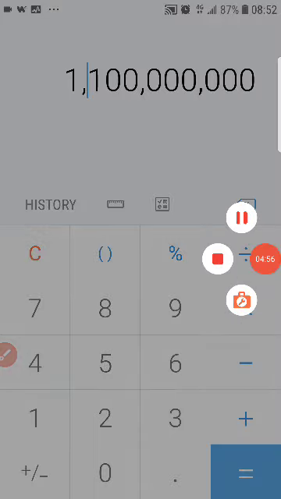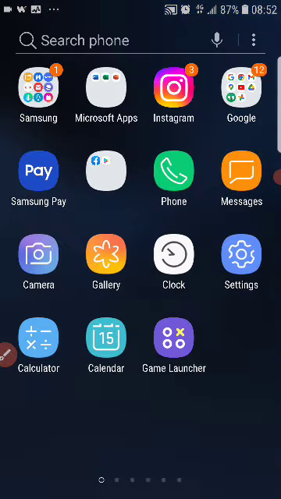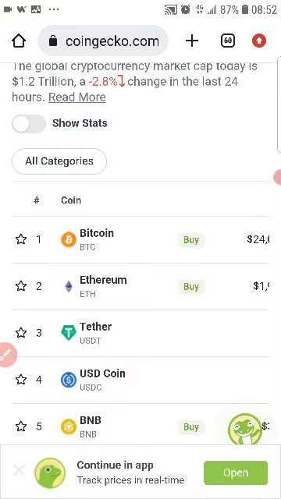If you divide 1 by 100 million, what do you get? After your point, you get 1, 2, 3, 4, 5, 6, 7, 8 decimals. Now let's go to our CoinMarketCap and see if we can get it there.